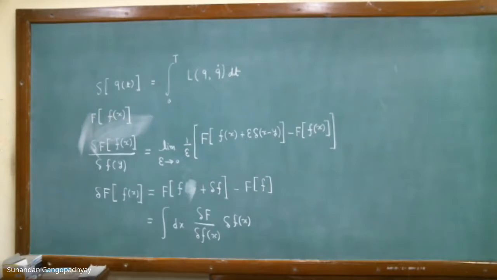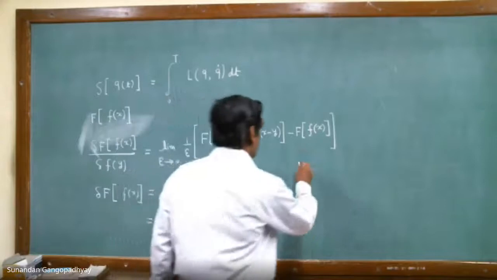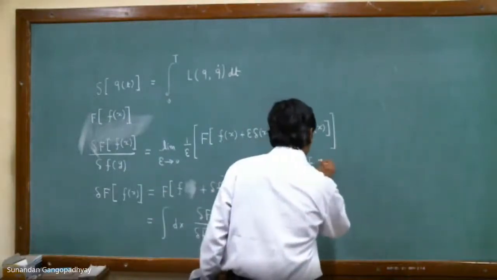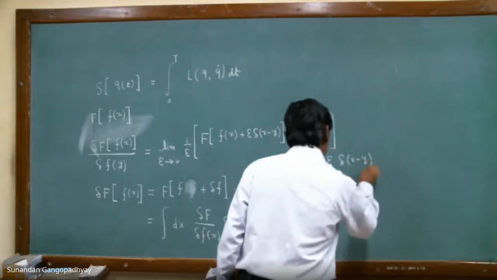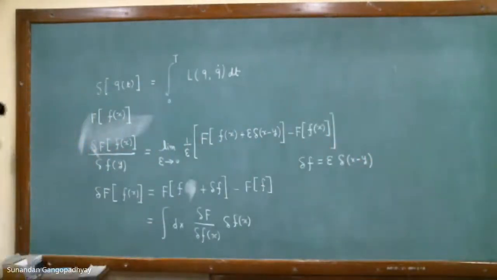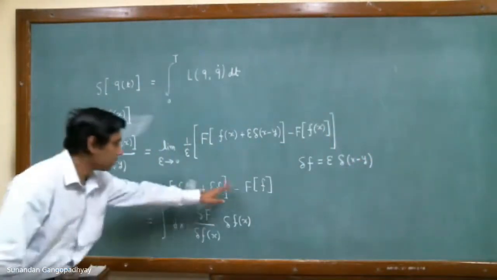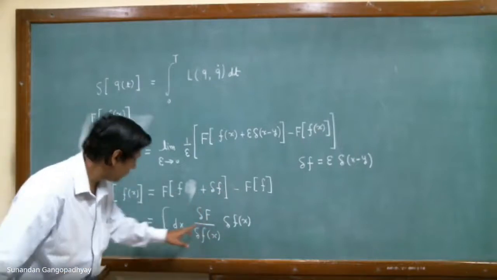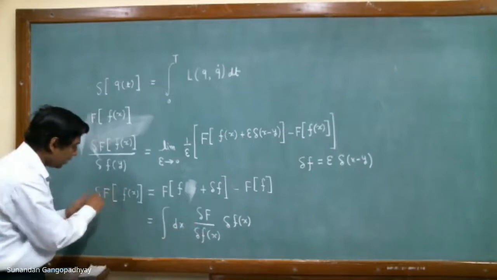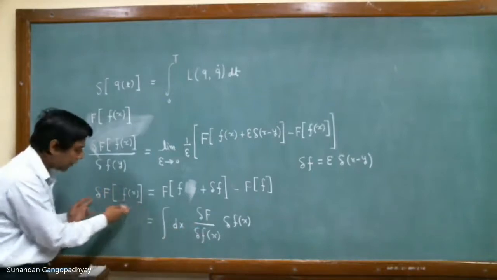And now what we can do is the following. We can take delta f to be epsilon delta x minus y. So what this basically means is that you compute the functional derivatives. So this is the total change in the functional.